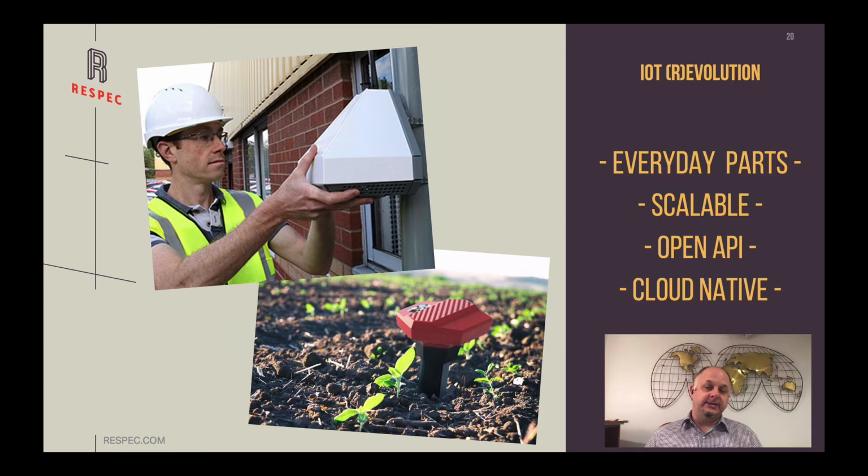And these types of devices also tend to be cloud native. Now, cloud native is a particular term. It does have an actual specific meaning, but broadly speaking, what that means is these devices function and expect to be operating in a cloud environment.